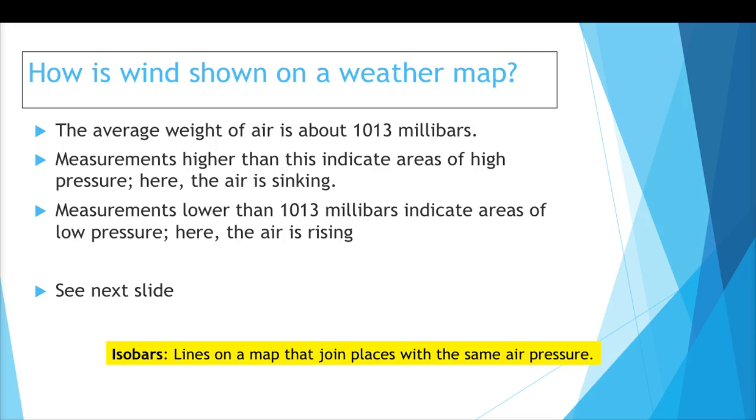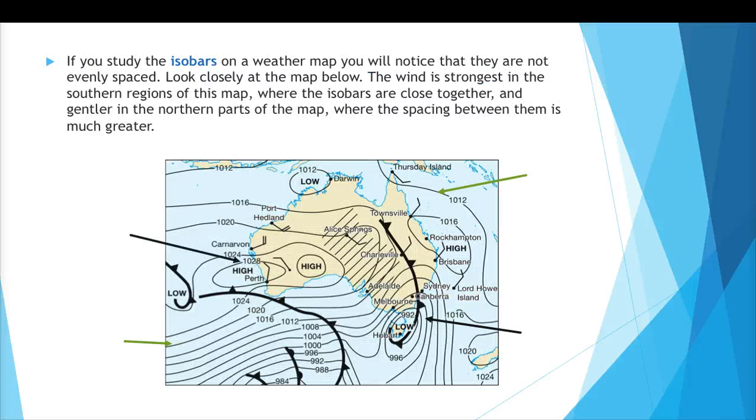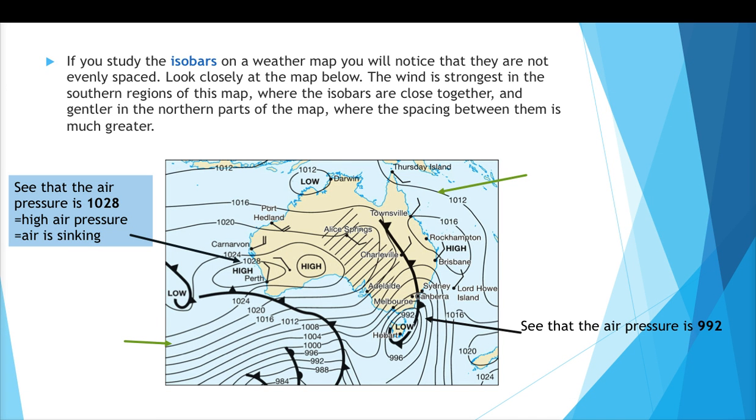Anything above 1013 is an area of high pressure, and anything below 1013 millibars indicates an area of low pressure. So conversely, if we look at around Melbourne and Hobart, we see the air pressure is 992. That's a low air pressure. The air is rising.